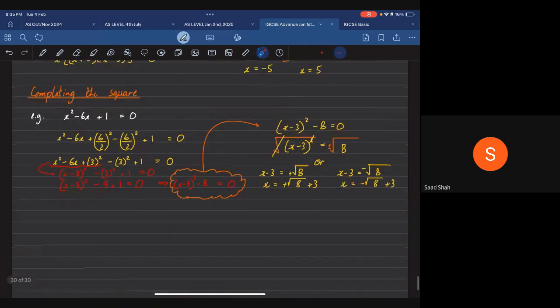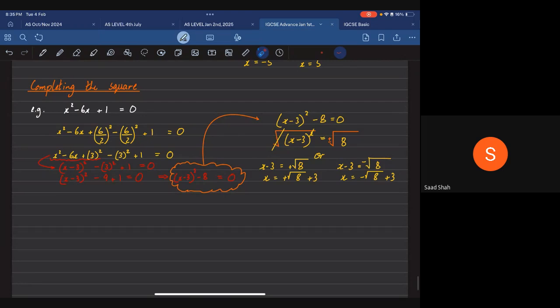How so? Sometimes how it happens, not with the under root, but I'm telling you, like for answers. For example, if you have a question regarding money, and you are getting two answers, and one answer is positive and one answer is negative. Can you have negative money? No, you cannot.